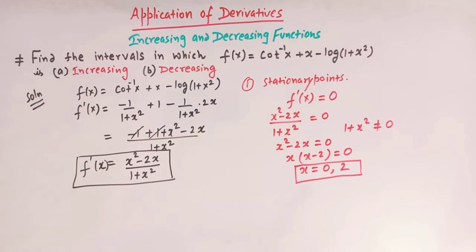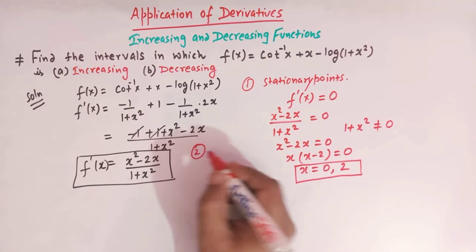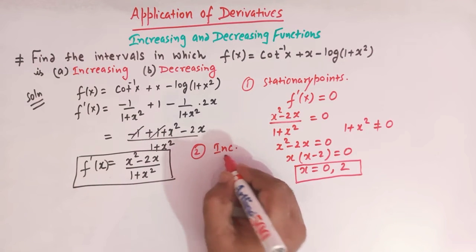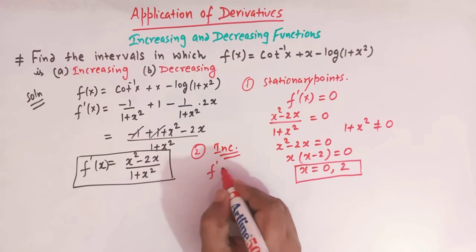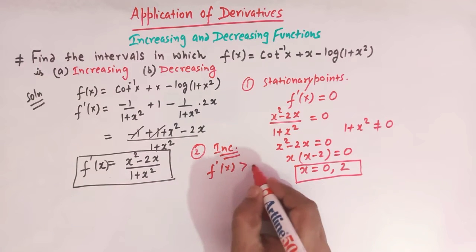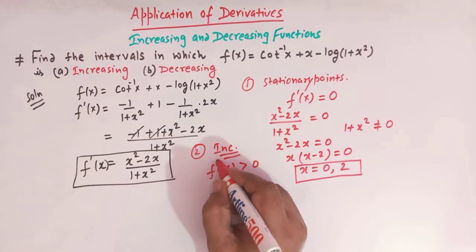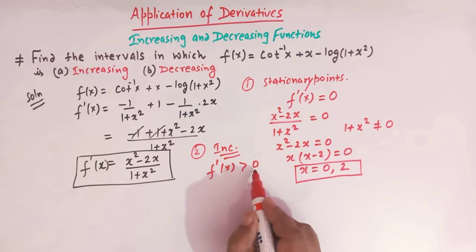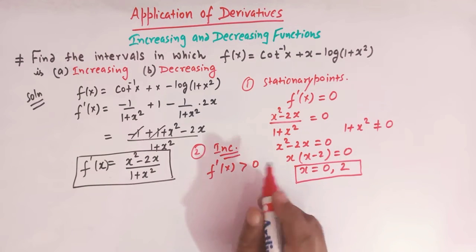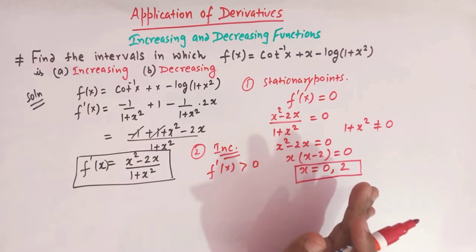Once we have obtained the stationary points, we'll apply the definition of increasing and decreasing functions. We know that a function is said to be increasing whenever its derivative is greater than 0, so f prime of x is greater than 0 for all x belonging to the domain of the function.